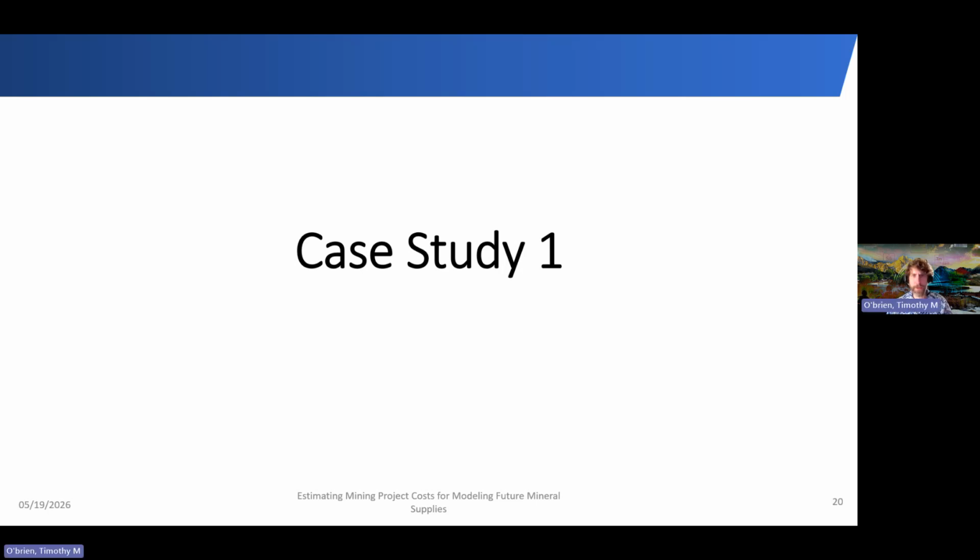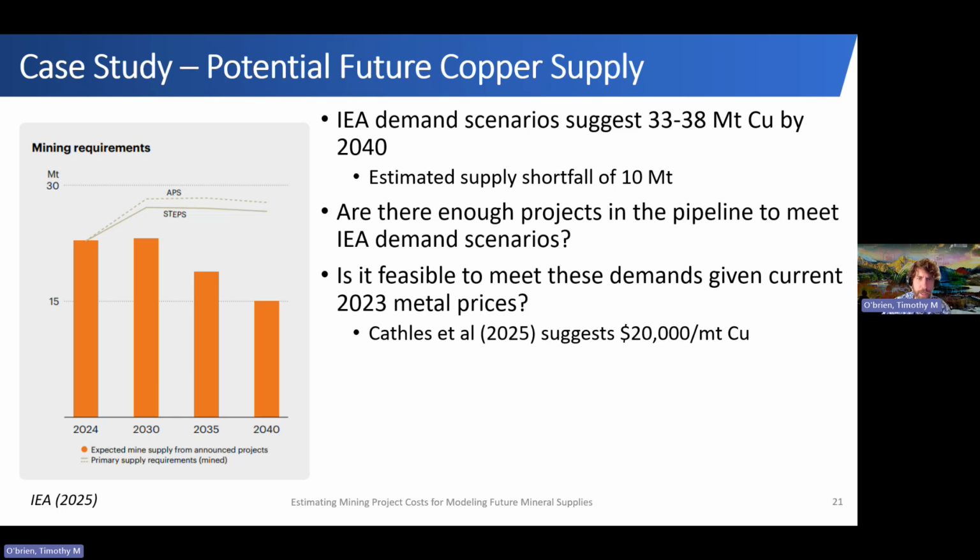All right, so we're going to go through some case studies here, showing possible ways that the model can be applied. The first thing we're going to look at is copper. Many people are familiar with the copper market and know that with the energy transition as well as the increased demand from data centers, there's been a significant increase in demand for copper production.